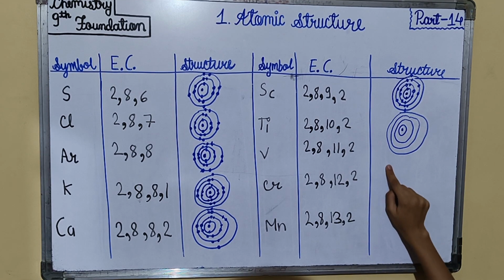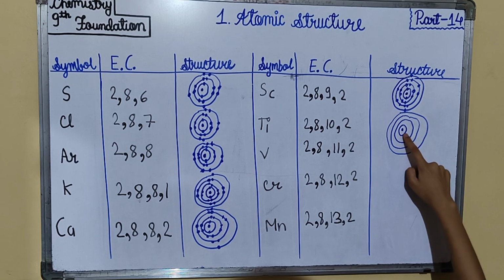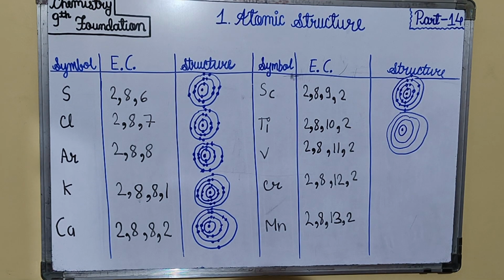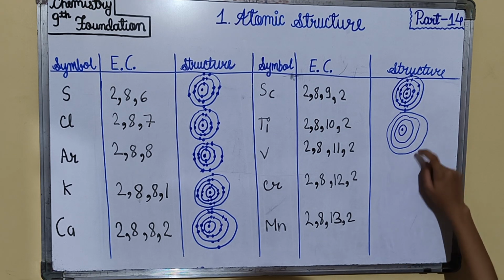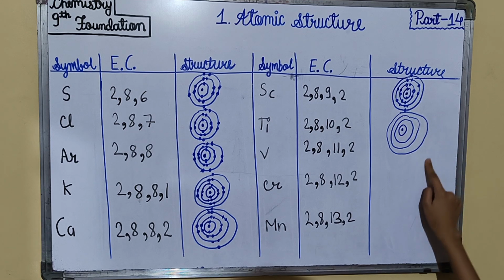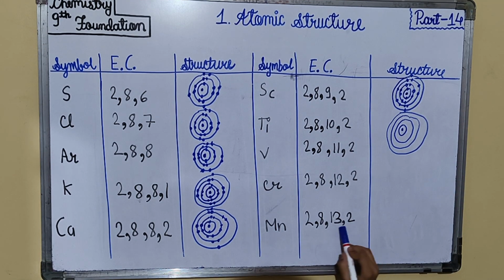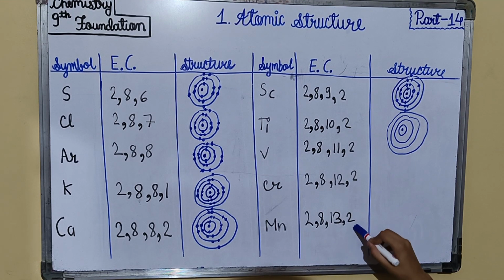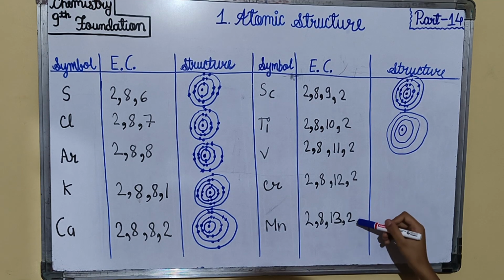The structure of this would be in first shell we have to take 2 electrons, in second shell we have to take 8 electrons, in this third shell we have to take 11 electrons, and this last shell every time we have to take 2 electrons as it is stable. And when we complete this till 18, then we'll continue in another shell.